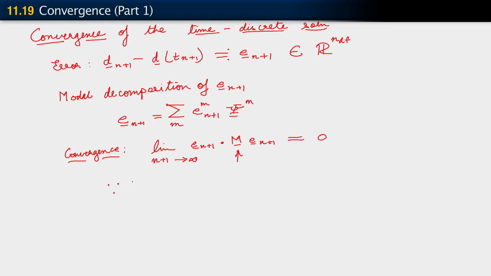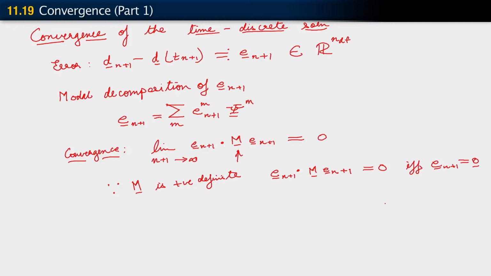Since M is positive definite, E n+1 dotted with M E n+1 equals 0 if and only if E n+1 itself equals 0.